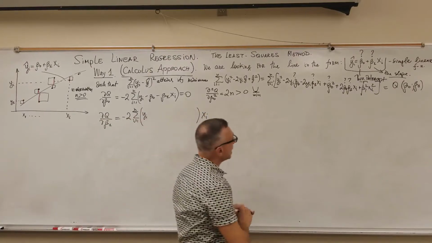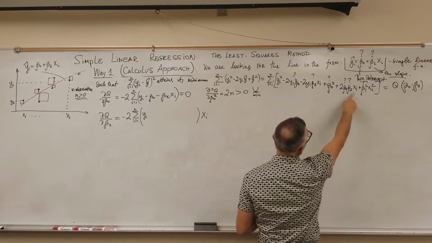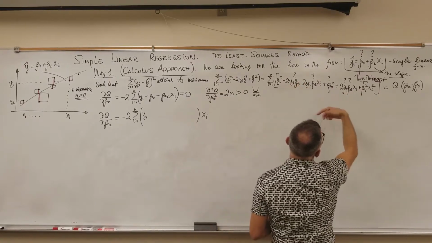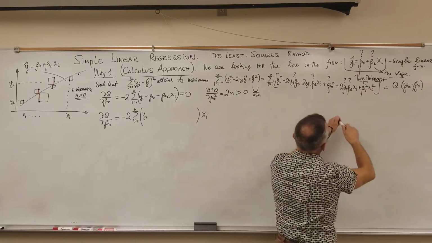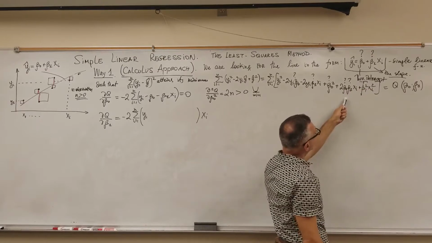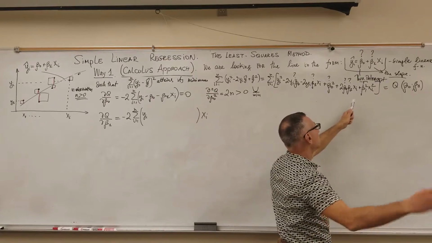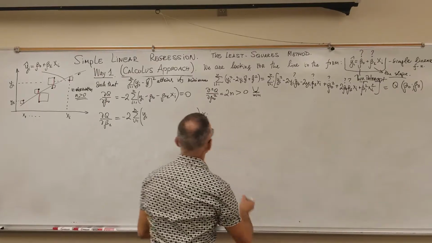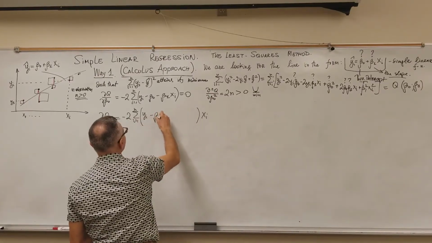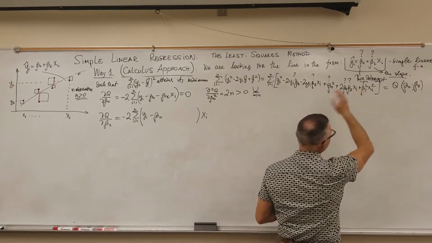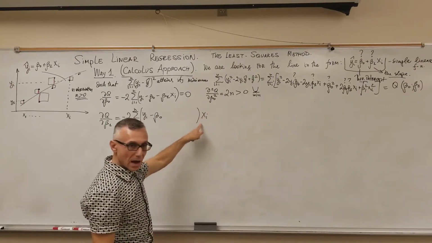I will pull it out because there will be xi's there too. No beta 1 here. The derivative of this term with respect to beta 1 is 2 beta 0 xi minus 2 out, so it's minus beta 0 xi, out again here.